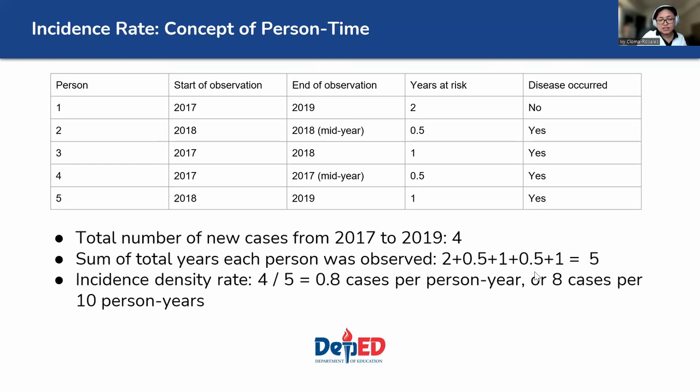So the incidence density rate is 4 cases out of 5 person years. So 0.8 cases per person year, or if you multiply by 10, 8 cases per 10 person years. So that's how you express it as per person time, or incidence rate.